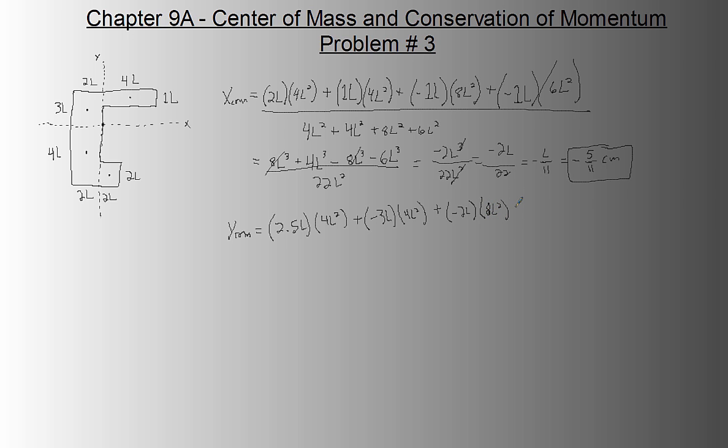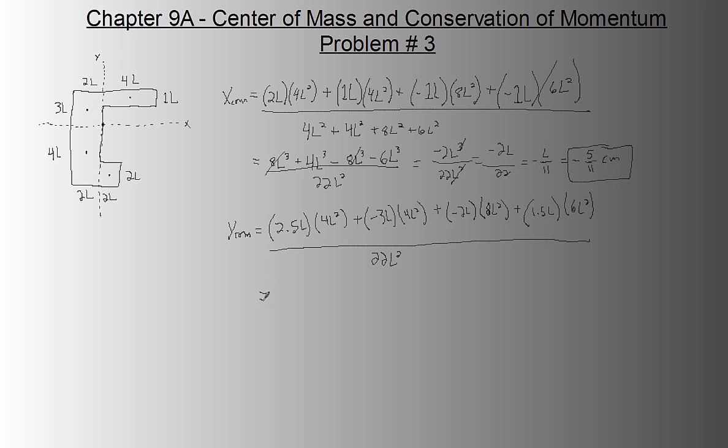Plus this one's up 1.5 because it's 3, so half of 3 is 1.5. So 1.5 L, and the mass of this is 6L squared. Alright, all over. This isn't changed, so I'm just going to write 22L squared.